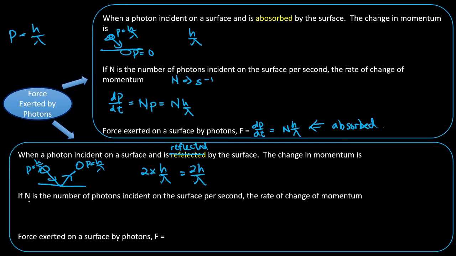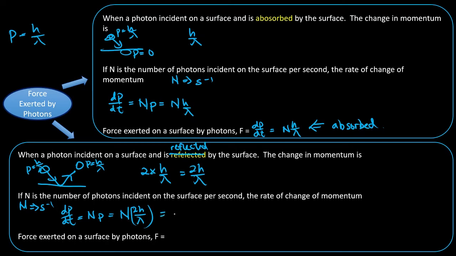Now it's not only one photon incident on the surface. You have a lot of photons in one second. So the rate of change of momentum now becomes np, where n is per second and p is 2h per lambda.